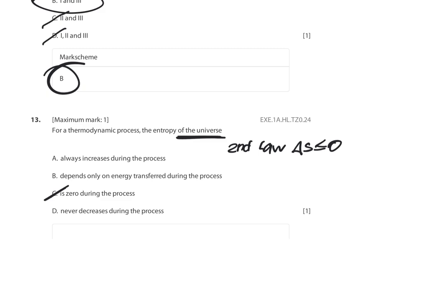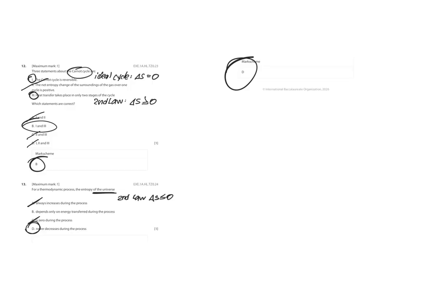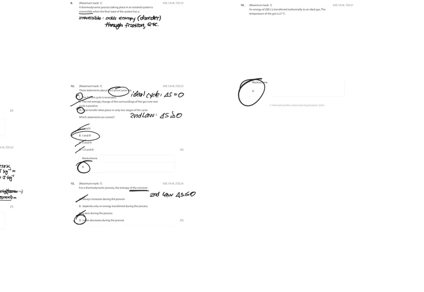If there's a perfect process, the change in entropy could be 0, so it doesn't have to increase. And depends on the energy, or never decreases. I mean, never decreases is the second law of thermodynamics, so that is the best answer. Mark Scheme agrees. And that's the last question.